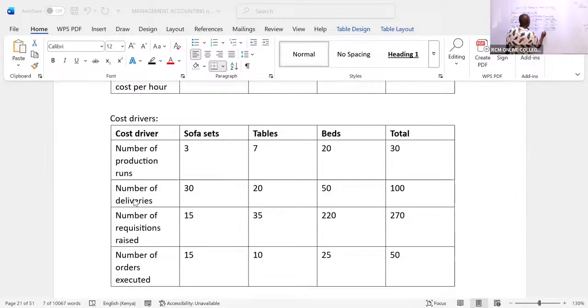After that, we have number of orders executed: 15, 10, 25, giving us 50.